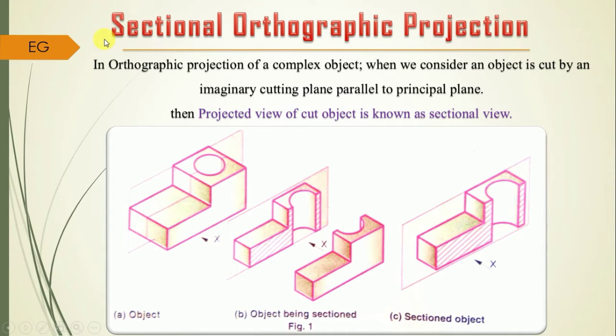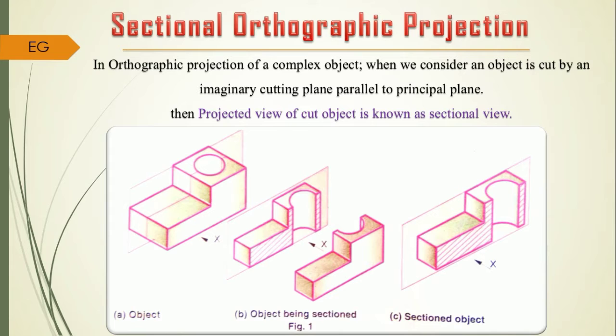So this is the added concept. It is very clear why we go for sectional orthographic projection. If the object is complex from inside, we get many dotted lines for the invisible sections.